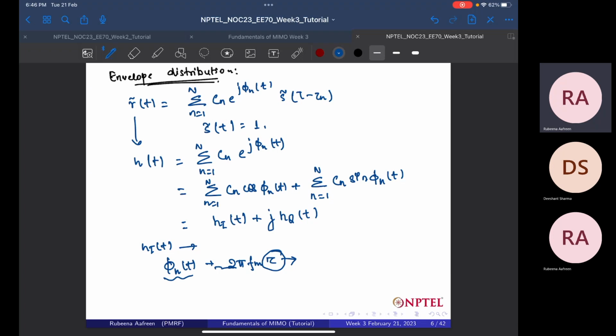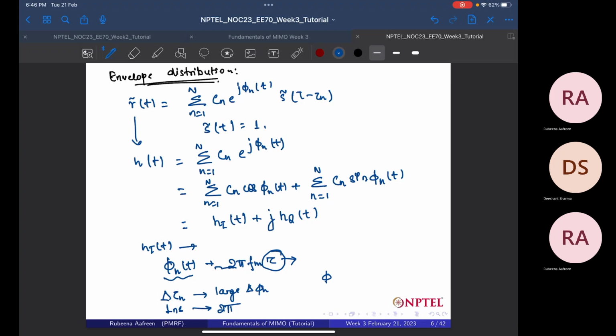One assumption we are taking is that even for a very small change in tau_n, there is a large change in phase. That means if tau_n is of the order of 1 nanosecond, even it gives a phase change of 2 pi. So phase change we are assuming as random. So phi_n we are saying is a uniform random variable. We take phi_n from 0 to 2 pi.